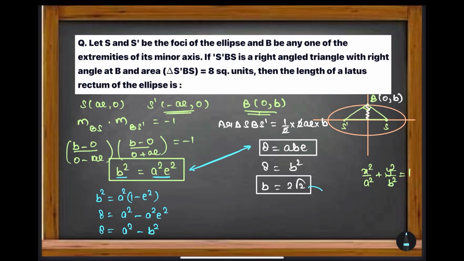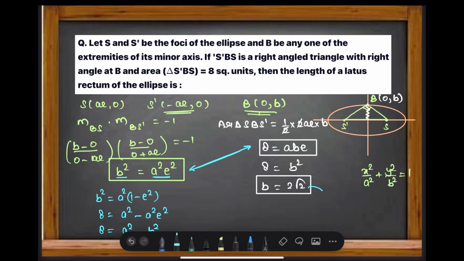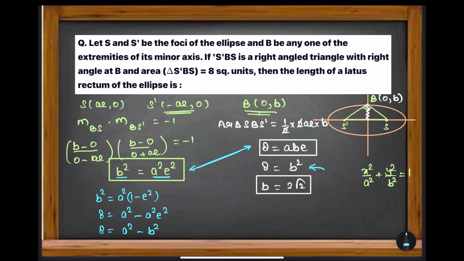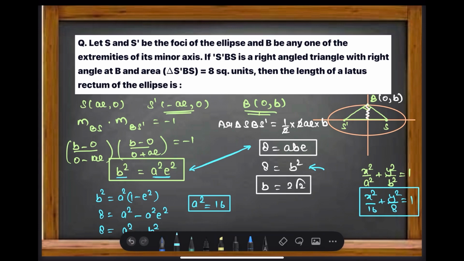Now you know that b square is 8, so can I say that a square will become 16? Correct or wrong? So the equation of this curve will become x square by 16 plus y square by 8 equals 1. So we got the equation of the curve.